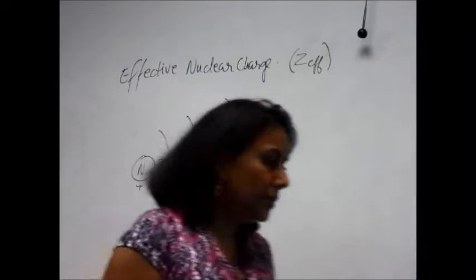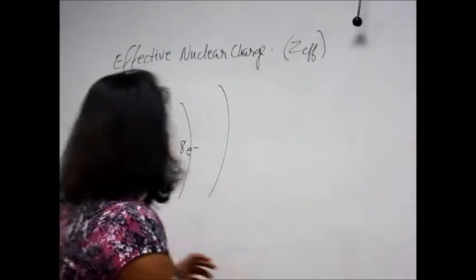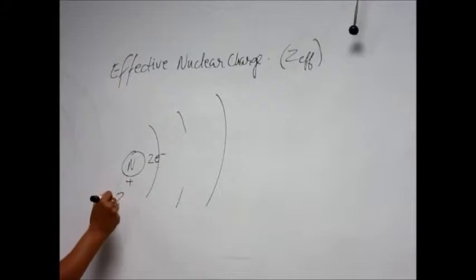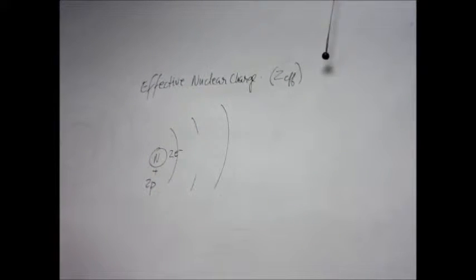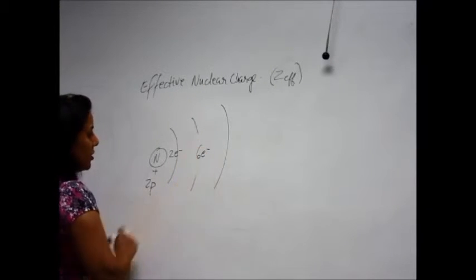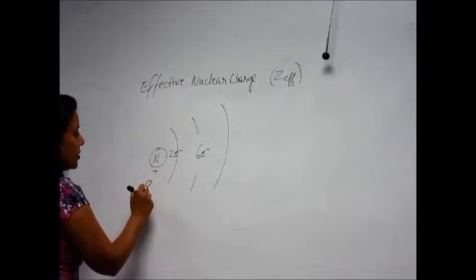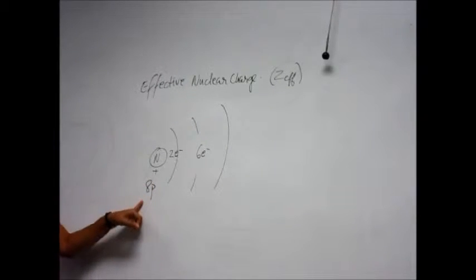So for example, let's say we have 2 protons and 2 electrons. They will have a different kind of attraction versus if you had 6 electrons here, and now you have a total of 8 protons, right?